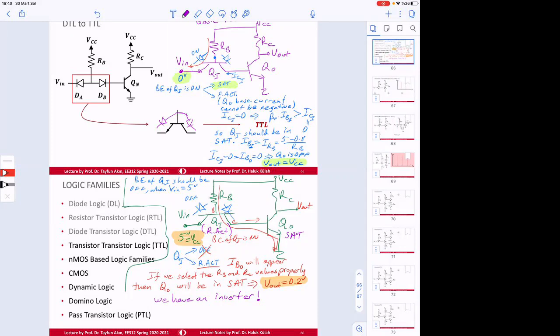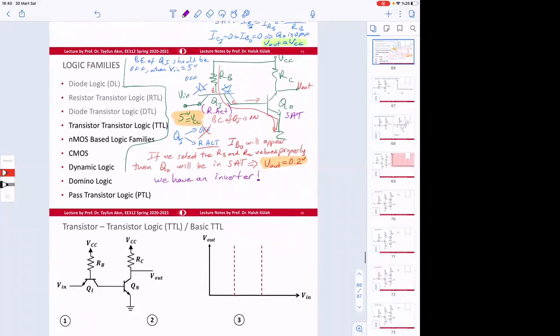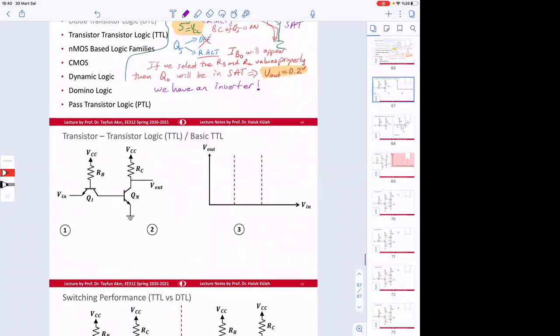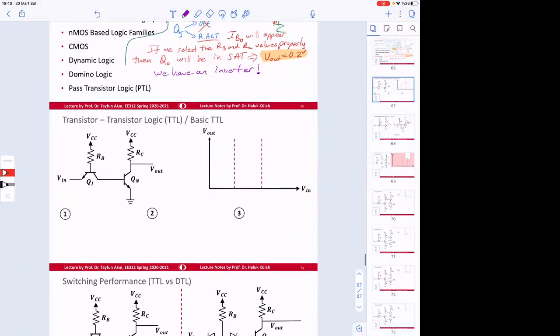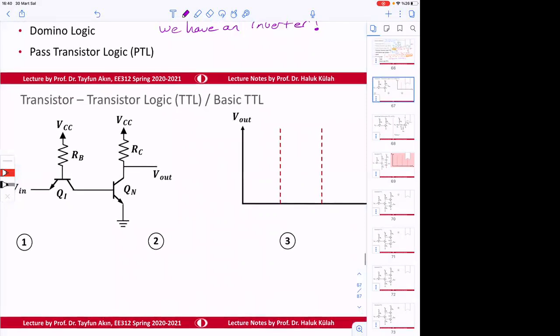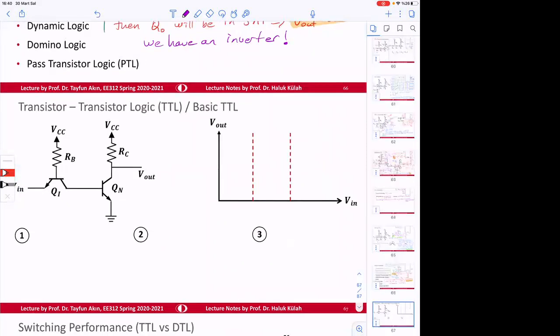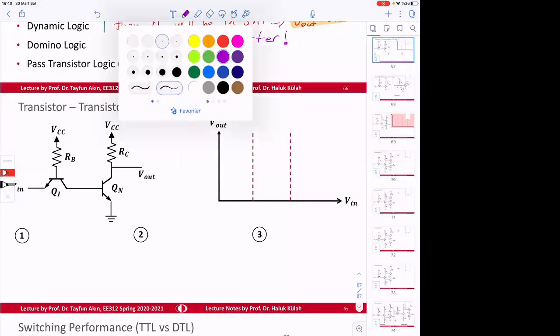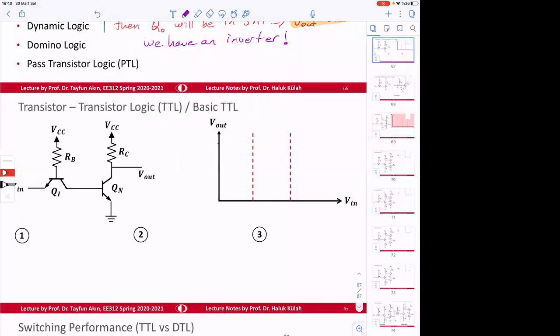Is it okay? So this is therefore the TTL circuits. So we determined already the extremes in this graph. Input 0, we said output is going to be VCC. Input is 5 volts.